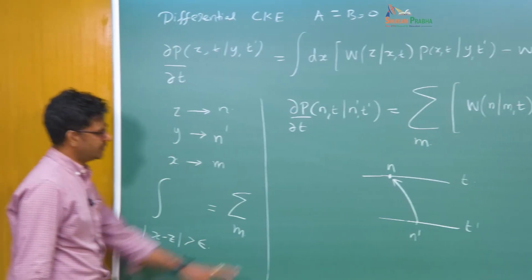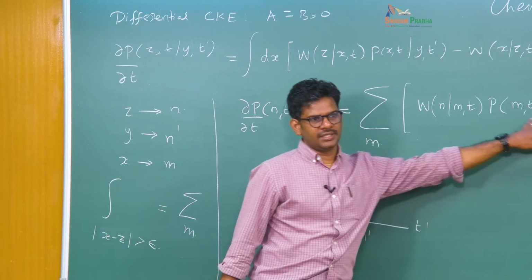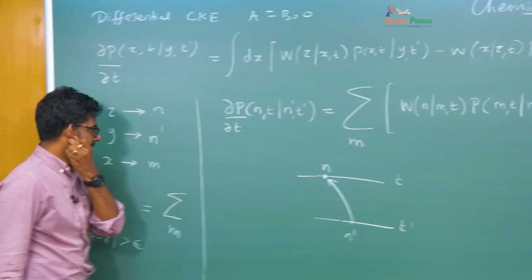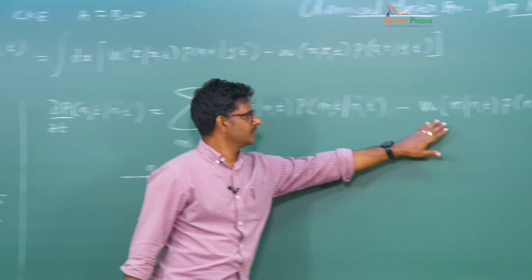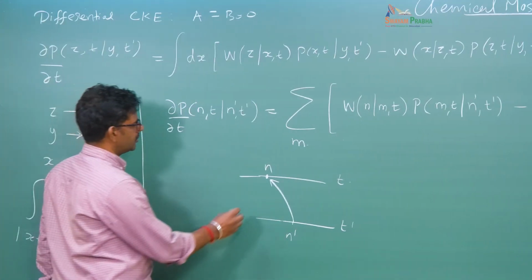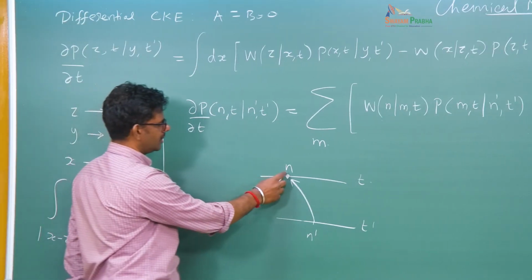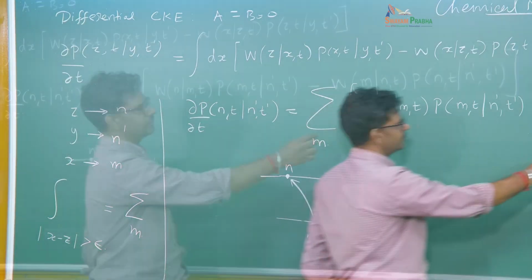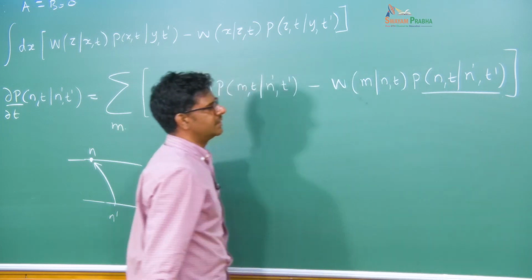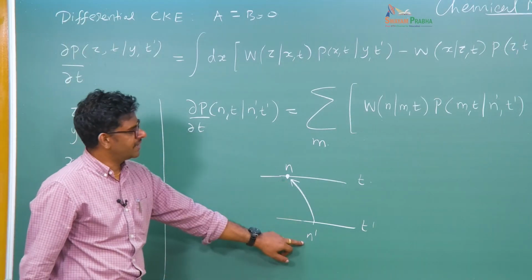Now this rate is given by these two terms. If you look at this term, it basically tells you the probability that the state is found at n comma t, given that it was n prime at t prime.